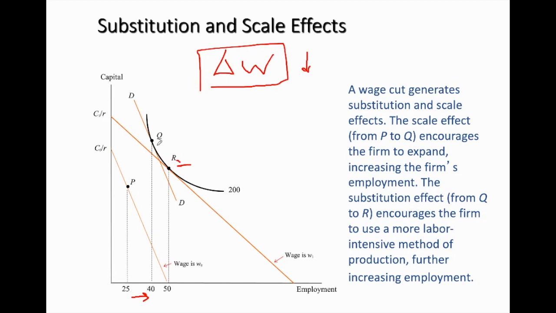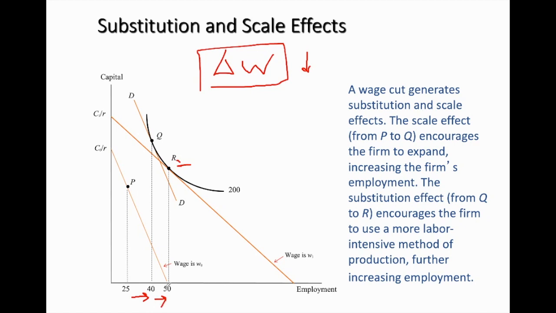That's the scale effect. The substitution effect is captured by the movement from point Q to R. This is the substitution effect. It shows what happened when, due to the lower wage rate, the firm adjusts its input mix by holding the output constant. Now the firm becomes more labor intensive.